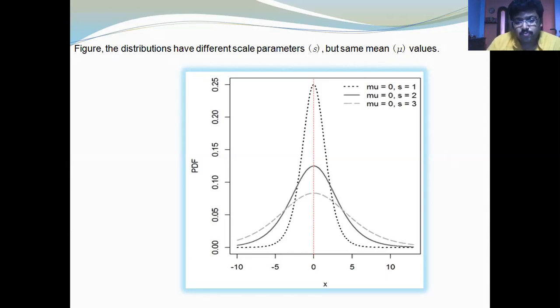If the badminton player serves with high velocity but less accuracy, then the logistic distribution curve will be skinnier.